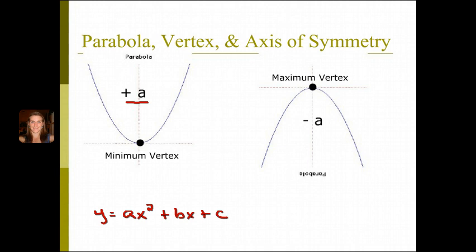So what this is telling you is that if your ax squared term is positive, you're going to have a minimum vertex. If your a in the ax squared is negative, then you're going to have a negative parabola and you will have a maximum vertex.